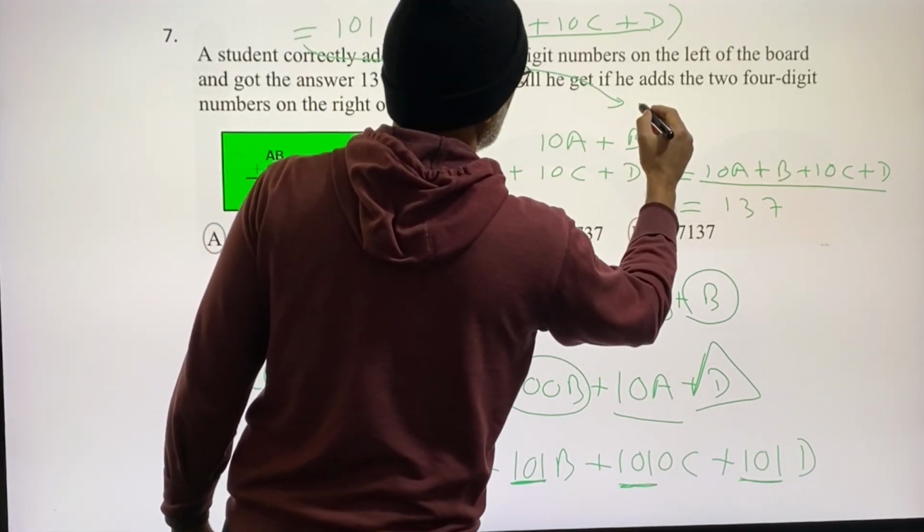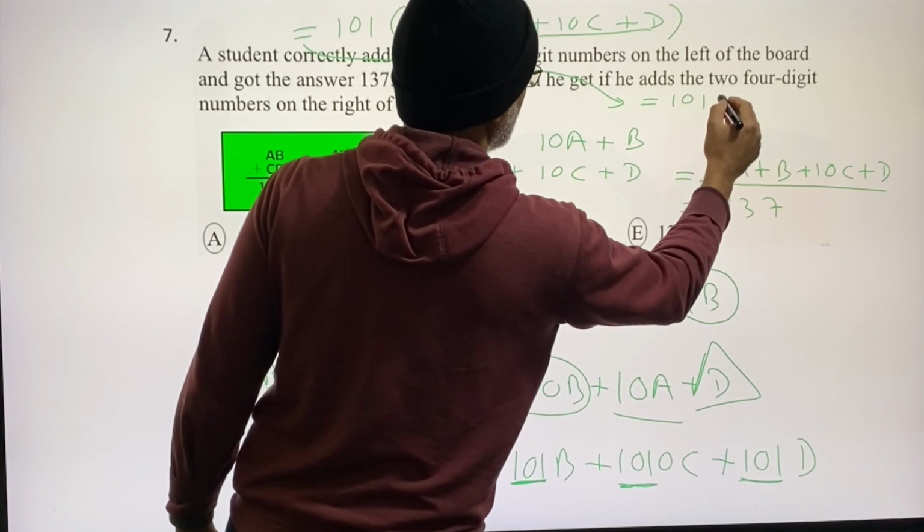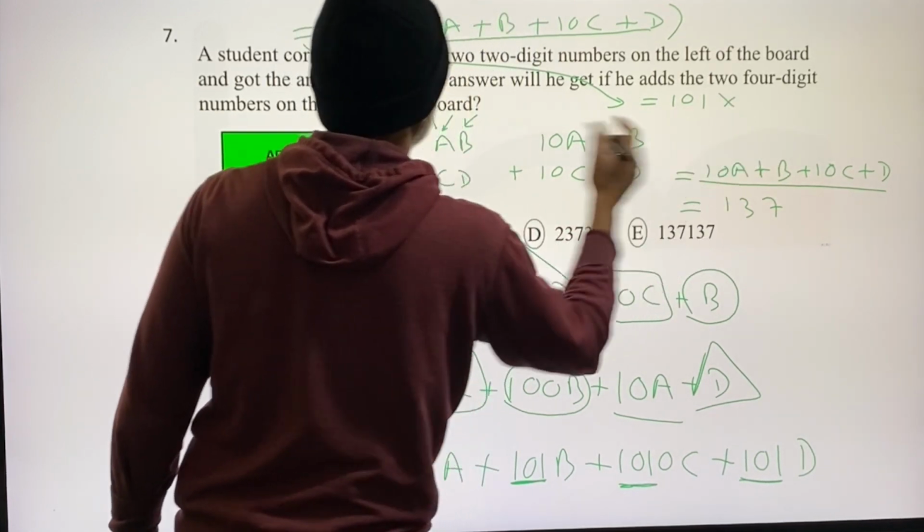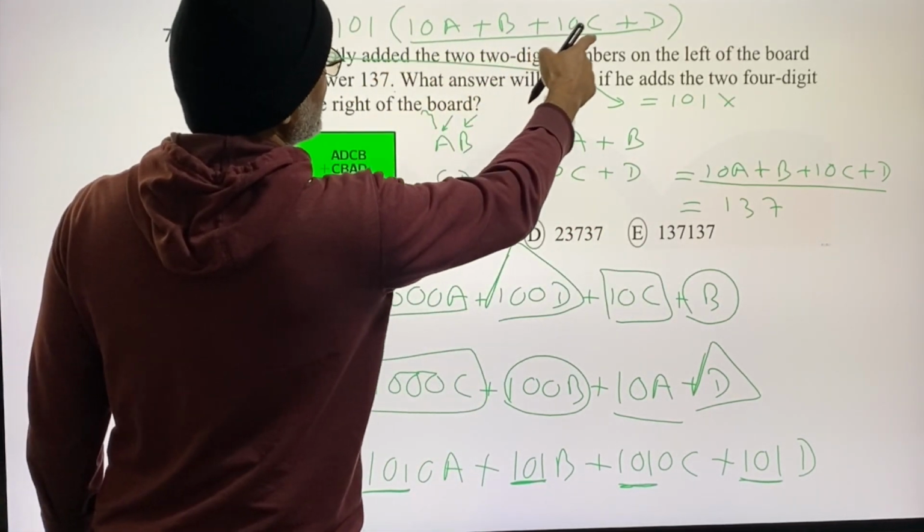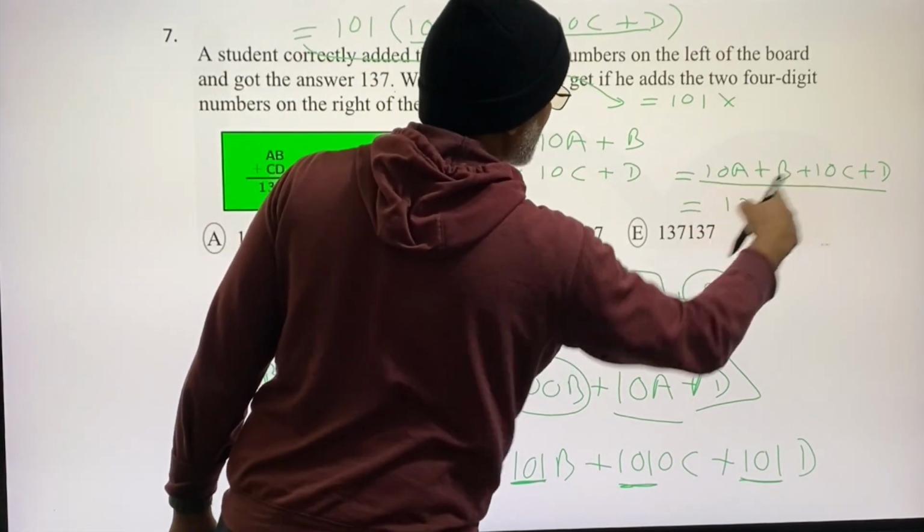So this is equal to 101 times 10A plus B plus 10C plus D, which is 137.